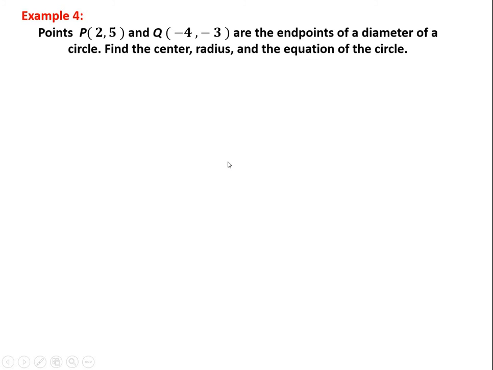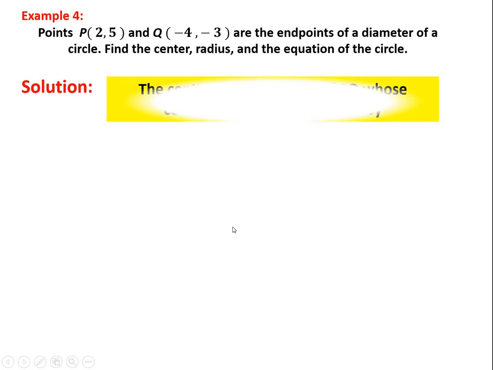Points P(2, 5) and Q(-4, -3) are the endpoints of a diameter of a circle. Find the center, radius, and equation of the circle. Let's have the solution.